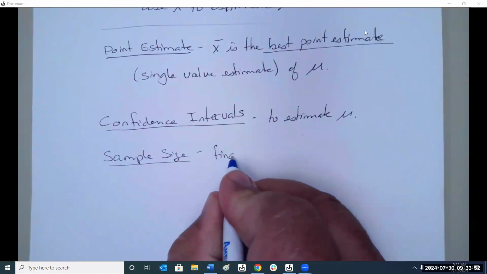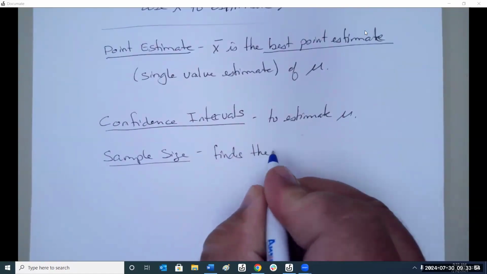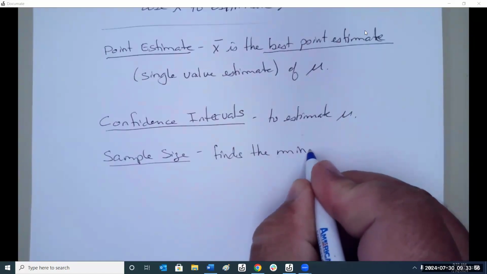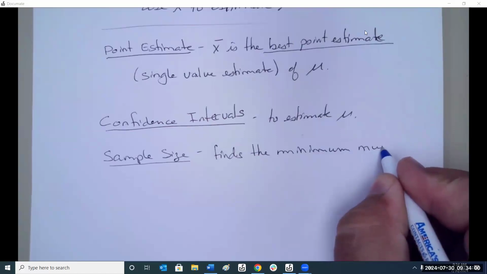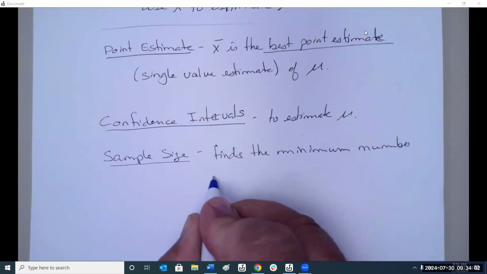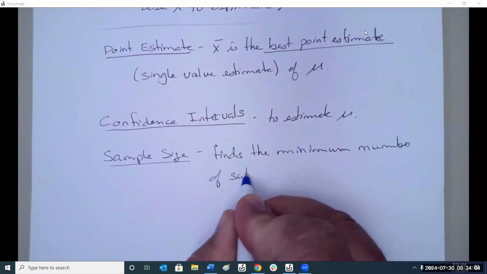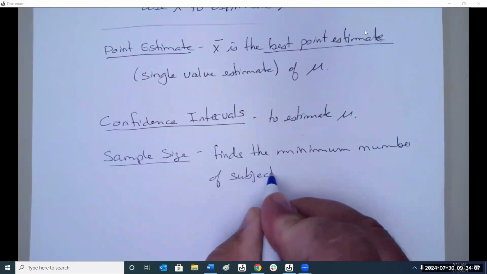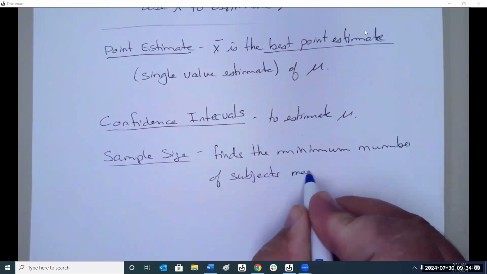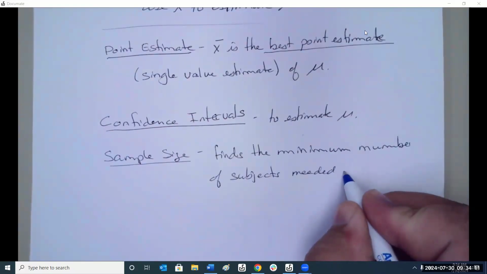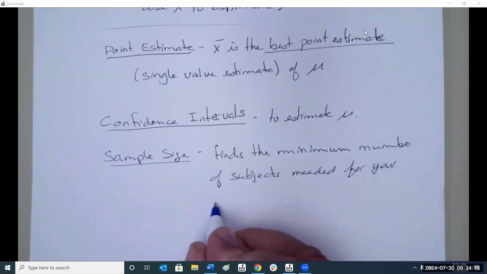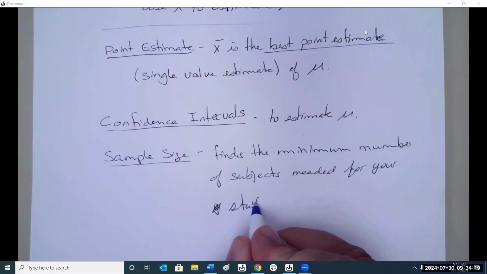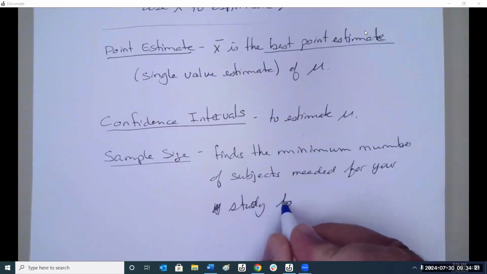This finds the minimum number of subjects needed for your study to be valid.